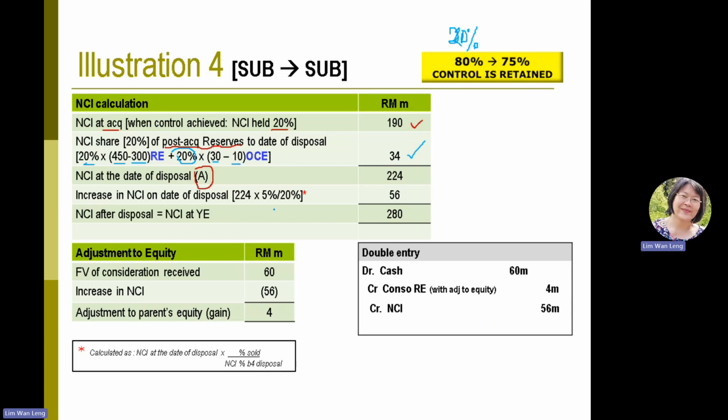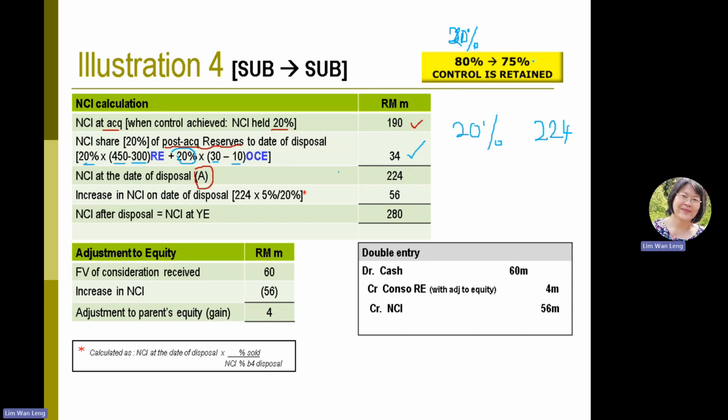As at today, just before the disposal, the total value that belongs to NCI, when NCI is 20%, is 224. Okay, so when the NCI is 20%, the value is 224.